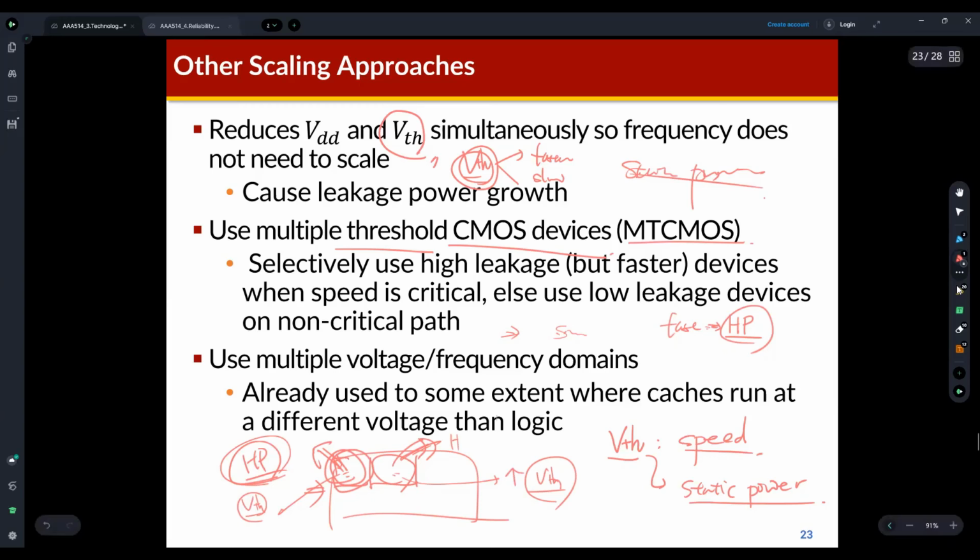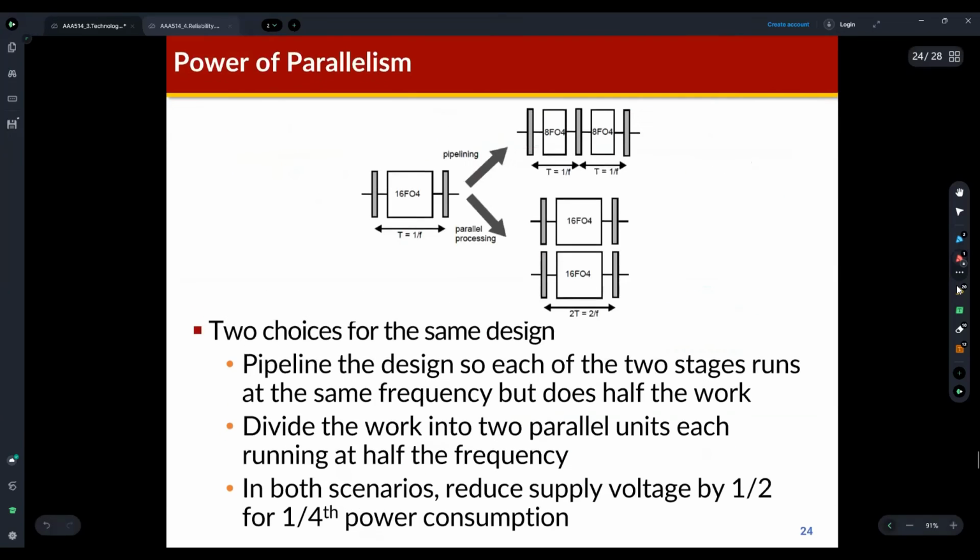So these are some techniques to reduce the power consumption in modern CPU processors. Okay, then let's think about the power consumption by parallelism.